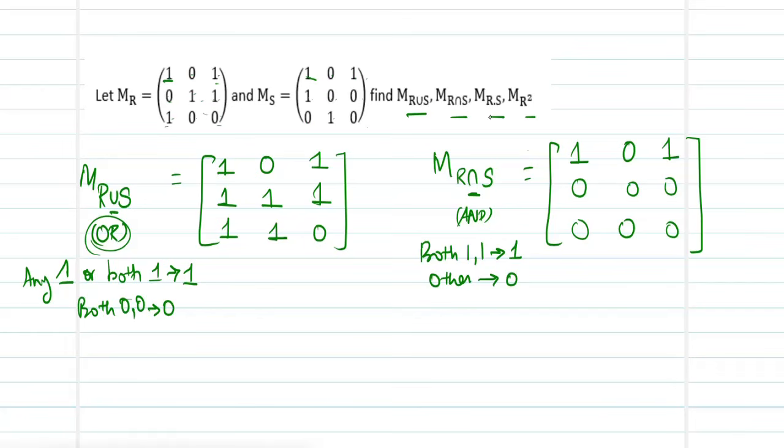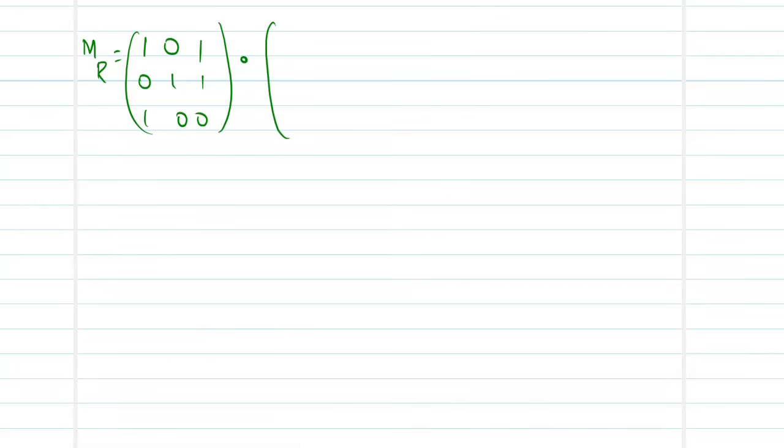Next, what we need is the product of R and S. So let us quickly recollect how to go about multiplication of matrices. Our MR is 1, 0, 1, 0, 1, 1, 1, 0, 0. And our MS, using which we are taking the dot, is going to be 1, 0, 1, 1, 0, 0, 0, 1, 0.